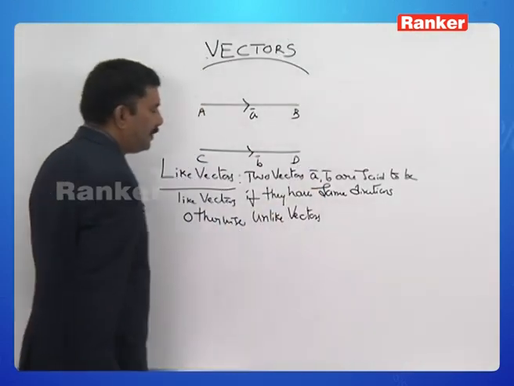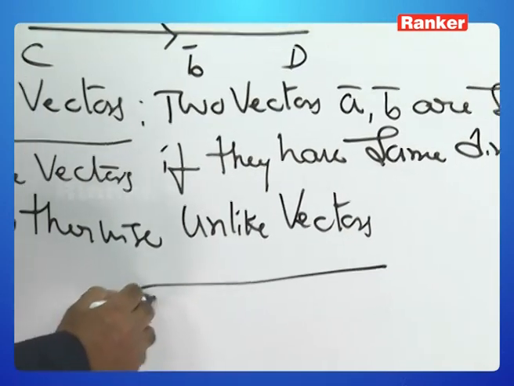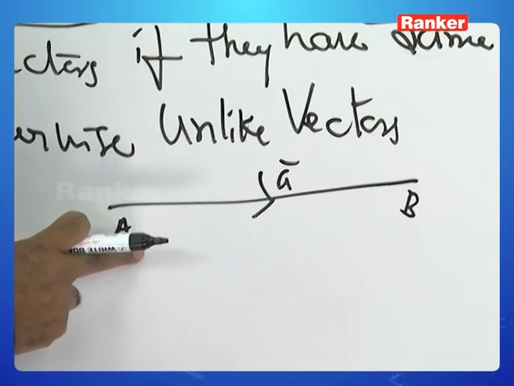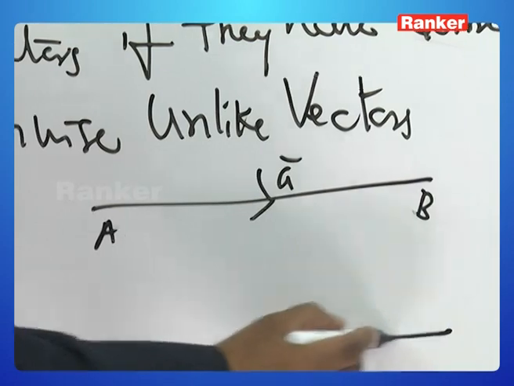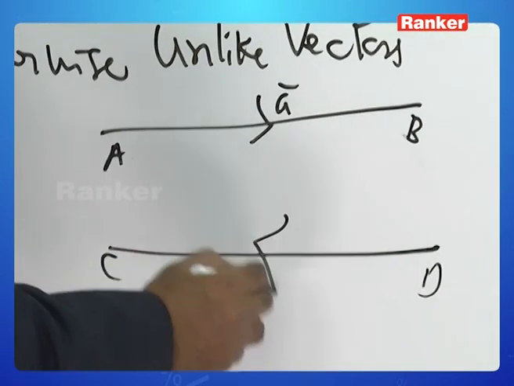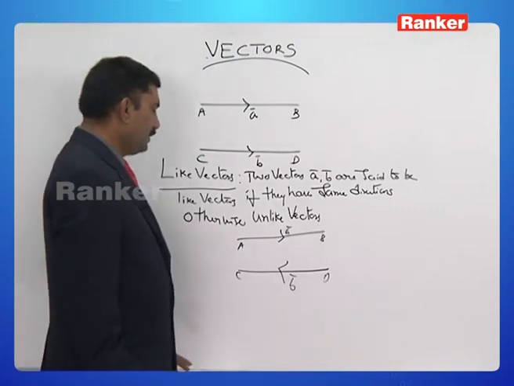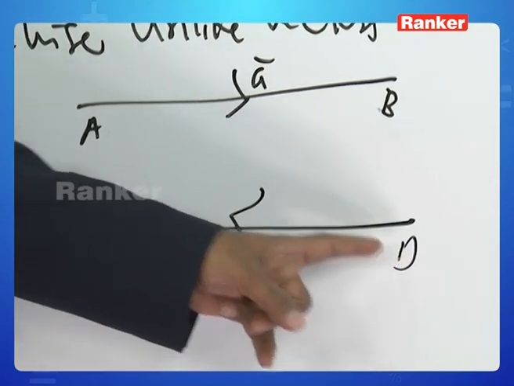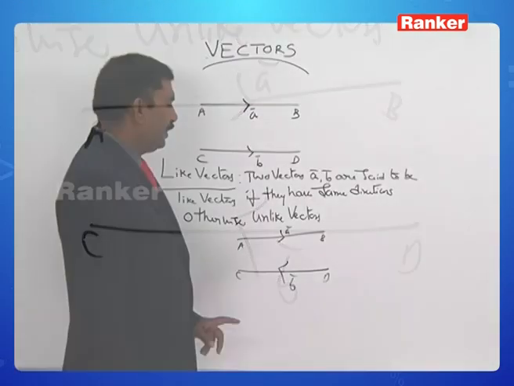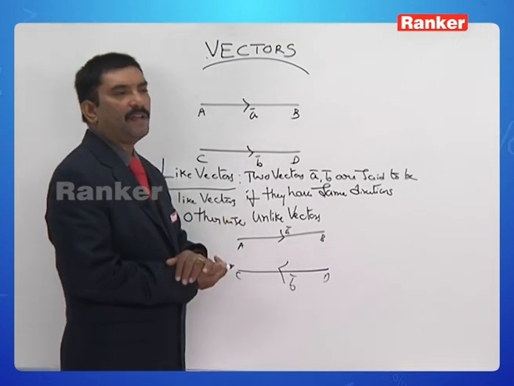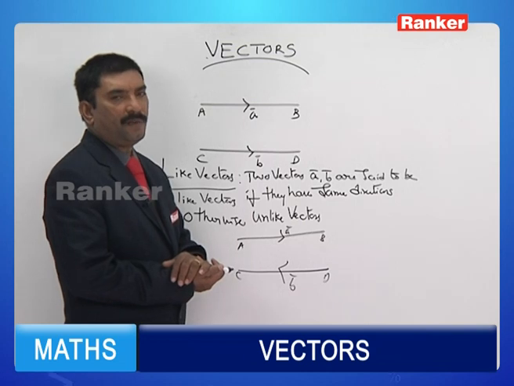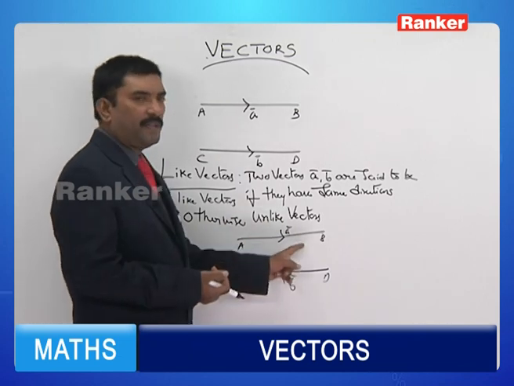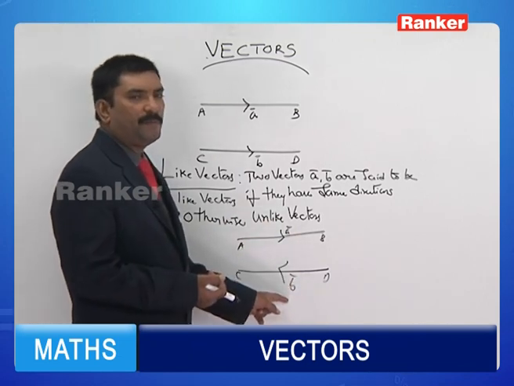If I take A, this is B, this is A bar. For AB bar, the initial point is A, the terminal point is B. For CD, this is B bar. Now look here, from here it is approaching; this is initial, this is terminal. Such vectors we call unlike vectors. Unlike vectors are nothing but negatives of a vector. A bar is in one direction, B bar is in quite the opposite direction.